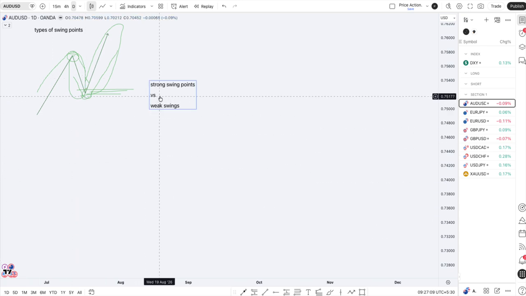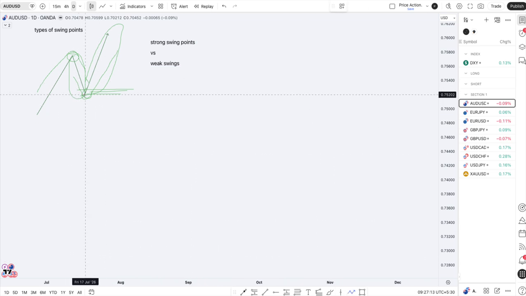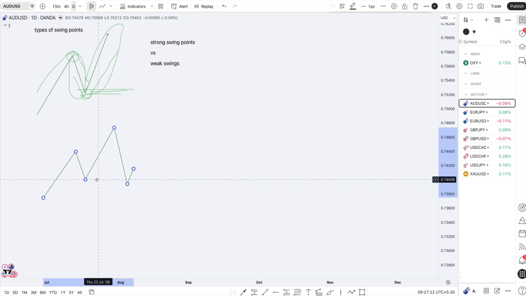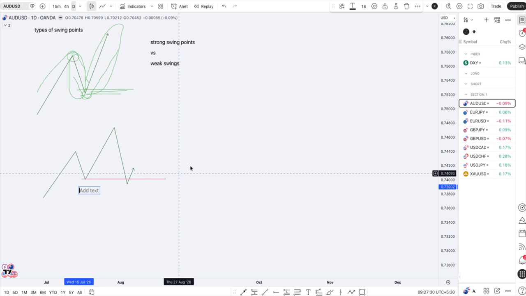To trade a strong swing point, the best pattern is to wait for price to come to this strong swing point, which is a higher low in an uptrend.